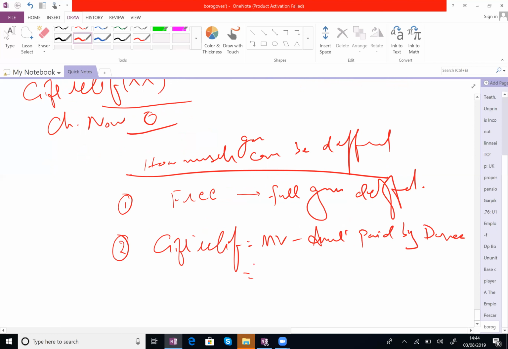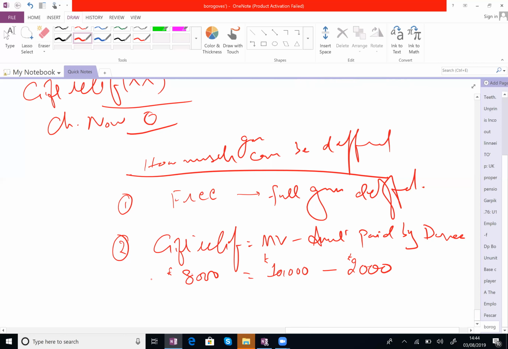For example, I am gifting you a mobile phone whose market value is 10,000 pounds, and I am charging the donee, for example, 2,000. So the market value of the thing is 10,000, but you are paying me 2,000 pounds. So what is the gift amount? 8,000 I am gifting you.